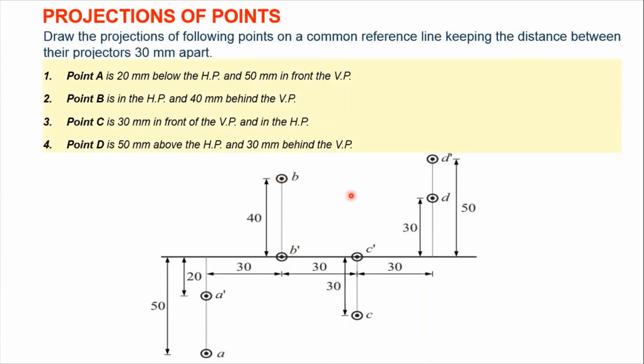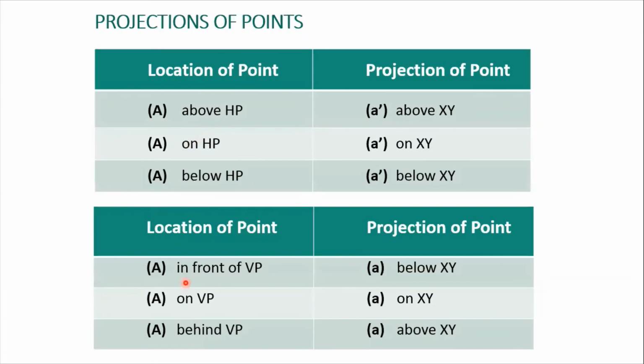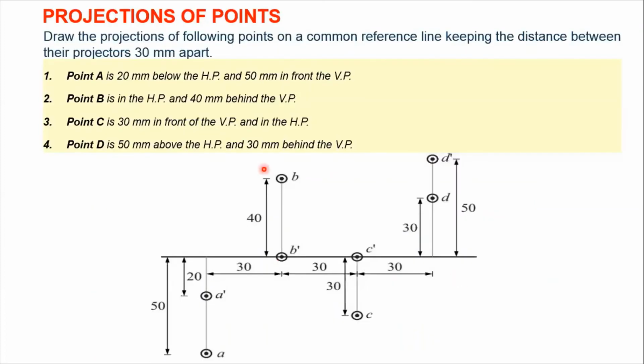Now let us solve the third case. Point C is 30 mm in front of VP and in HP. So 30 mm in front of VP, let us use this table. In front of VP, you will be having a without-dash point below this XY line. So in this case, 30 mm in front of, that means we'll be drawing 30 mm below this XY line, and this will be a without-dash point 30 mm below this XY line.